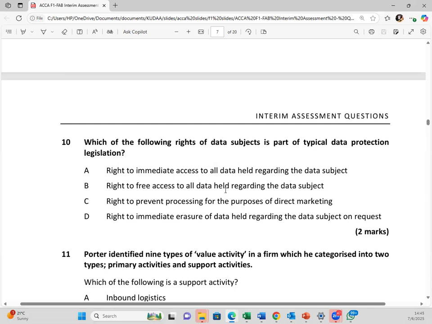Right to access the data, right to free access of the data regarding the data subject, right to prevent. You have the right to prevent your data from being used for direct marketing. If you give the company your data, you have a right to prevent the data from being processed for purposes of marketing.